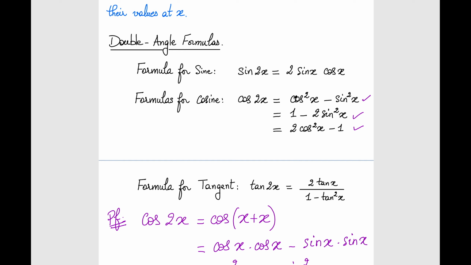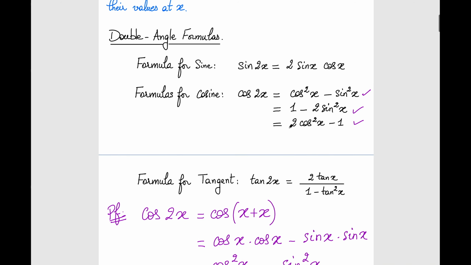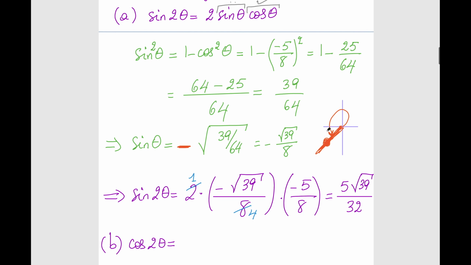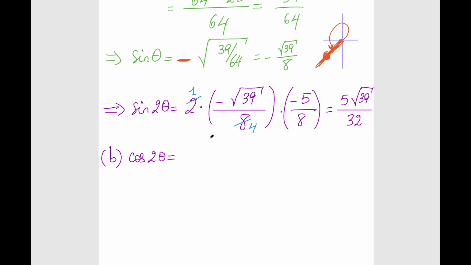We have all the ingredients for any of them, because we have cosine of theta and sine of theta. This one requires only sine, and this one requires only cosine. You can do all 3 at home. I'm going to choose the last one, 2 cosine squared theta minus 1.